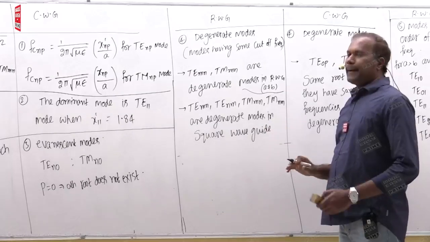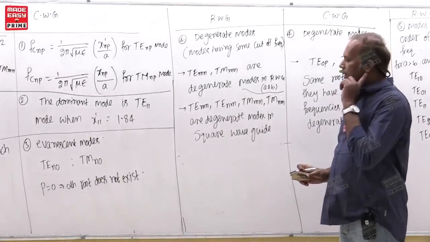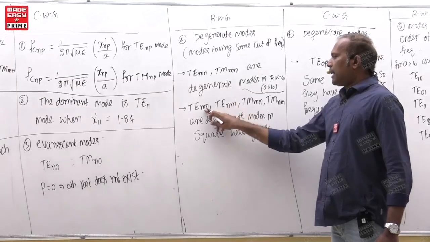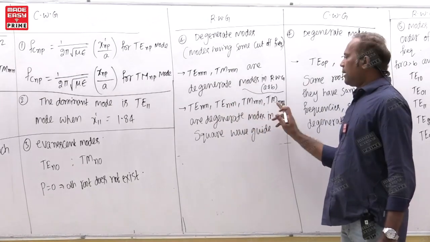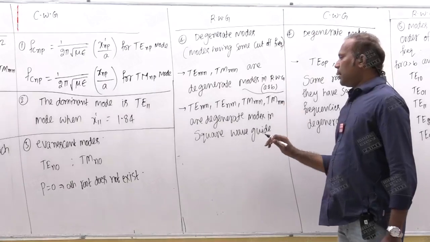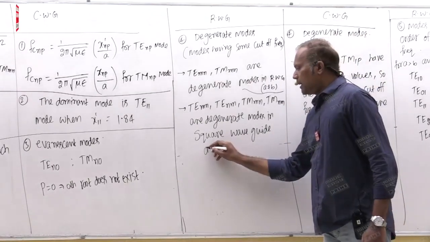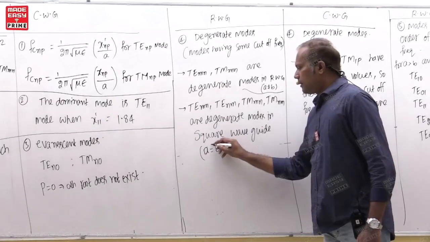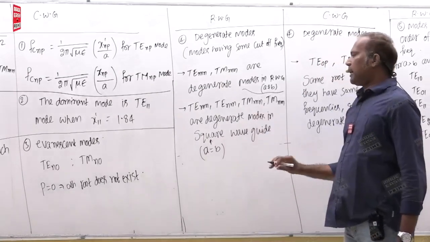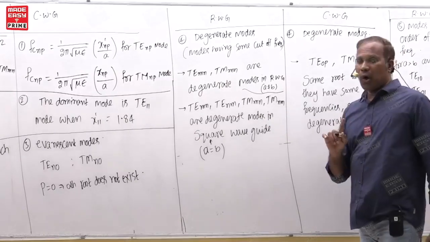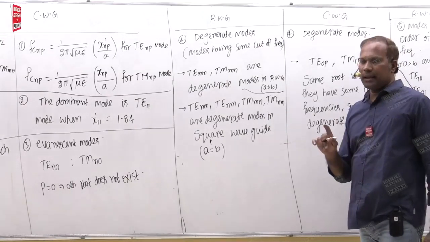For square waveguide, we have written in the rectangular waveguide chapter that TE_mn, TE_nm, interchange them, TM_mn and TM_nm. For square waveguide A is equal to B, so that is why they have the same cutoff frequencies. So they have some square degeneracy.